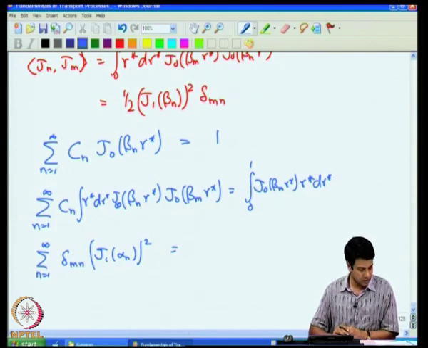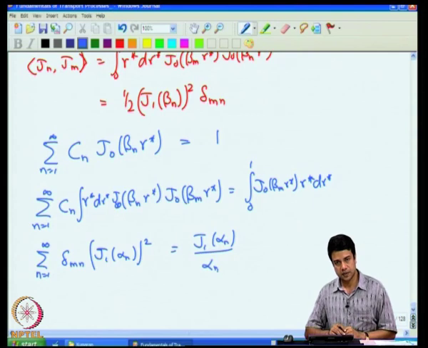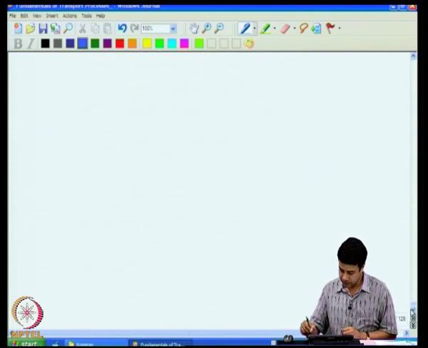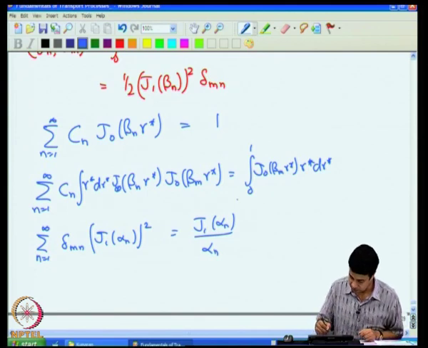The solution, it turns out, is equal to J 1 of alpha n divided by alpha n. J 1 is the Bessel function of order 1. On the left hand side, I have delta m n times J 1 of alpha n the whole square, summed from n equal to 1 to infinity. This is non-zero only when n is equal to m. I should write the right hand side as m.